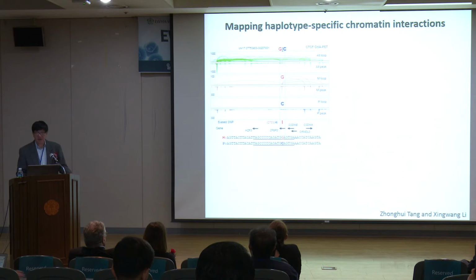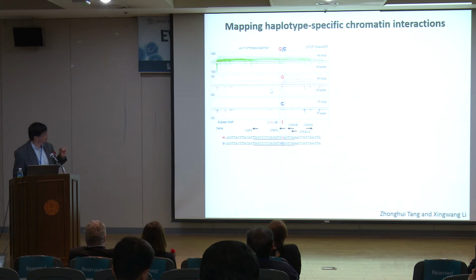And the last point I want to address is how to use this approach to map haplotype-specific chromatin interactions. This shows that, based on phased genome information at this particular location, the father copy has a C, where the mother copy has a G nucleotide.